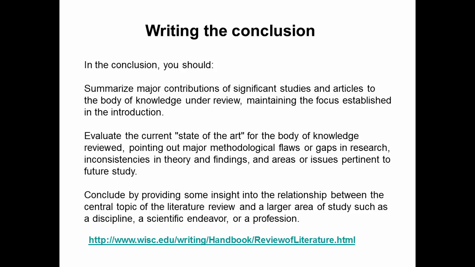You also need to include this conflicting information. And then you can also provide your recommendation. Maybe further studies need to be done to clarify the question, to address the question clearly or something like this, right? So this is something you will need to include in the conclusion section.